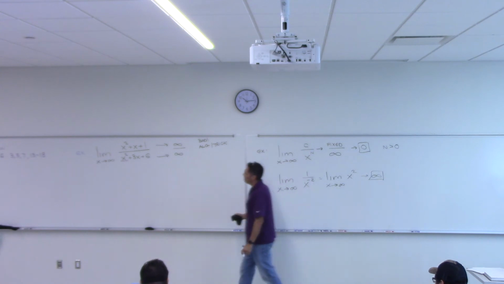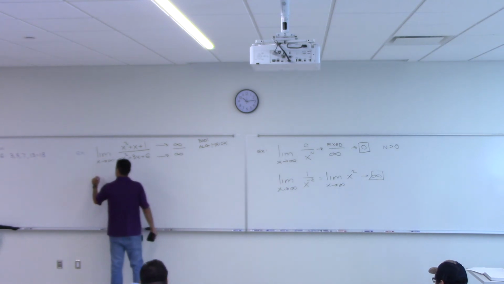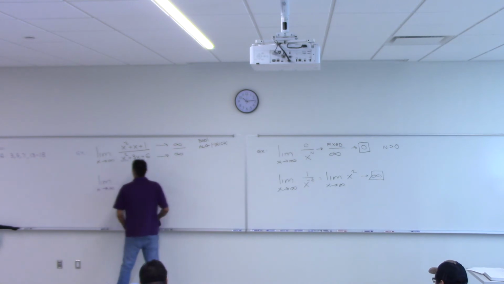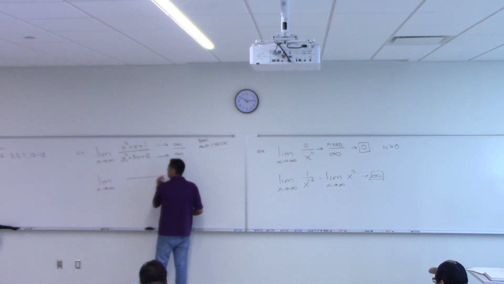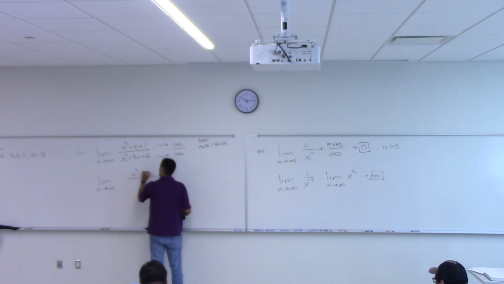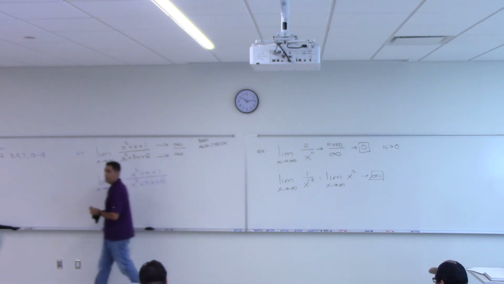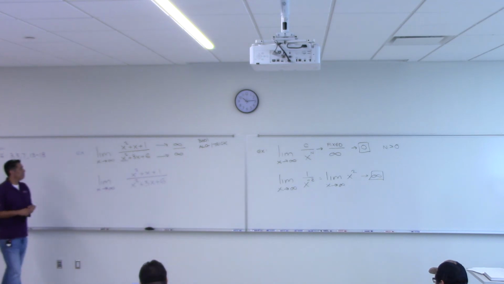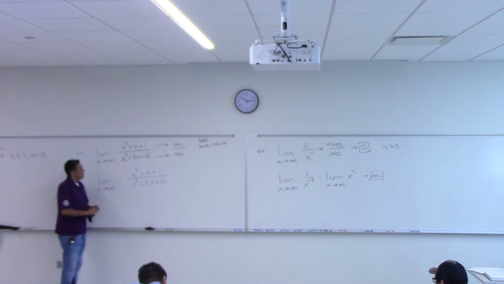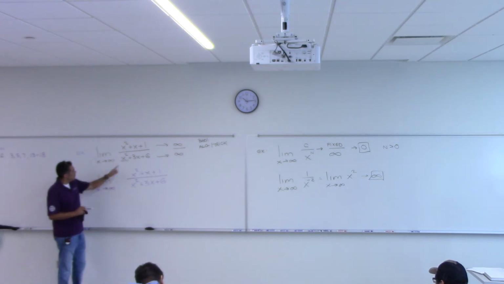So I see that. What I'm going to do here is, in front of this fraction, I am going to multiply by a 1. Okay, I'm going to multiply by 1. But the one that I'm going to pick is going to be kind of clever. I am going to pick whatever will turn this into a 1.